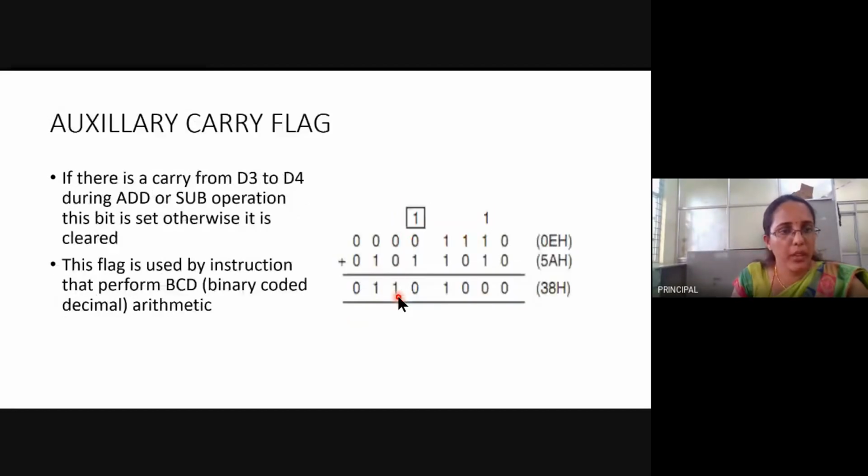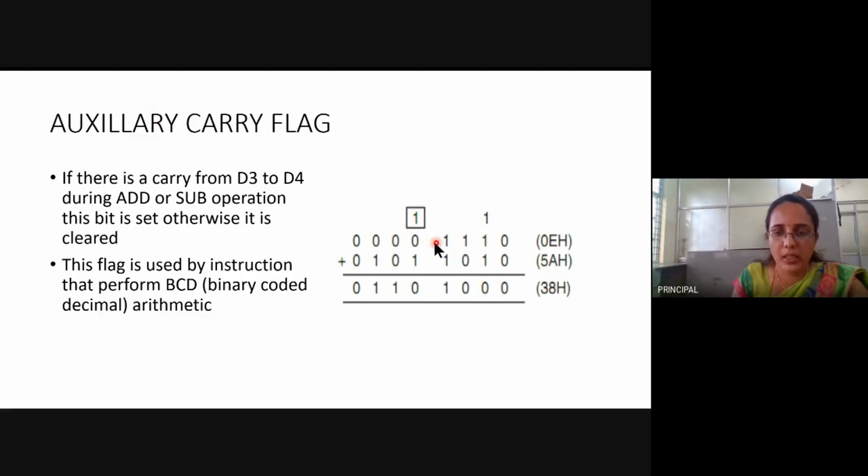Then one more flag is there, the auxiliary carry flag. Here you are adding two numbers. 4 bits are considered a nibble: lower nibble, higher nibble. If there is a carry from the lower nibble to the higher nibble, meaning D3 to D4, then the auxiliary carry flag is set.